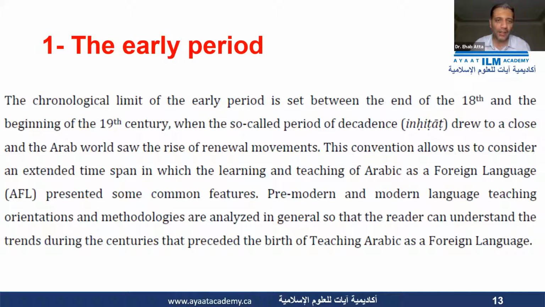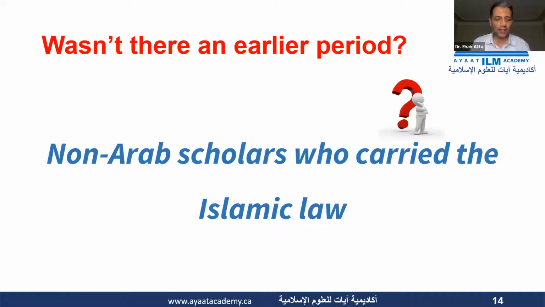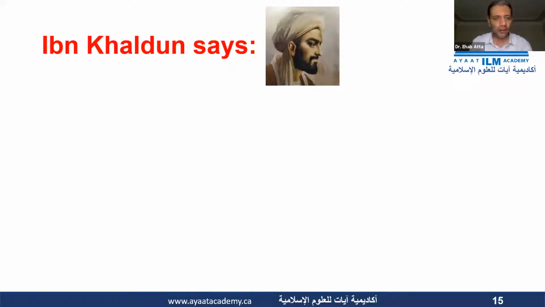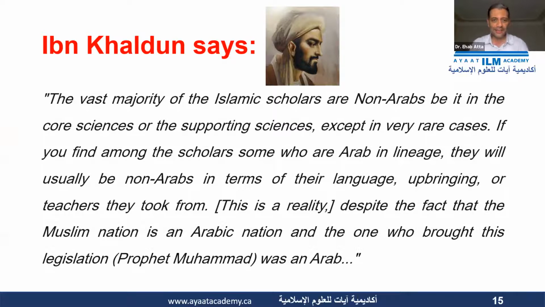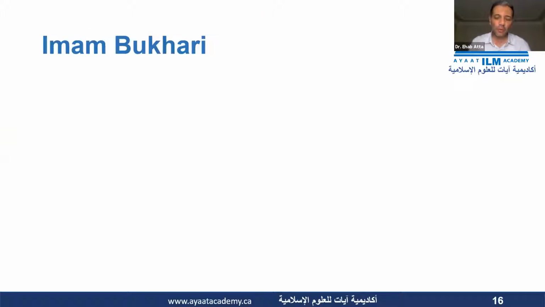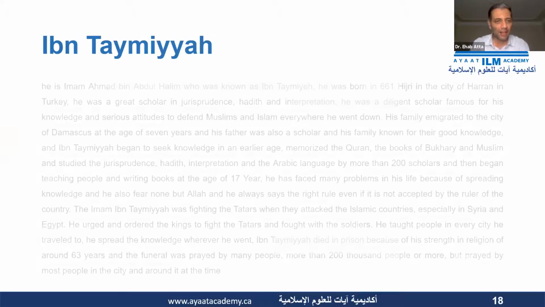And then we went over a question, what was earlier than this period, and we saw the non-Arab scholars who carried the Islamic law, and we learned the saying of Ibn Khaldun when he said that the vast majority of the Islamic scholars are non-Arabs, and we saw as examples Imam Bukhari, Sibawayh and Ibn Taymiyyah.